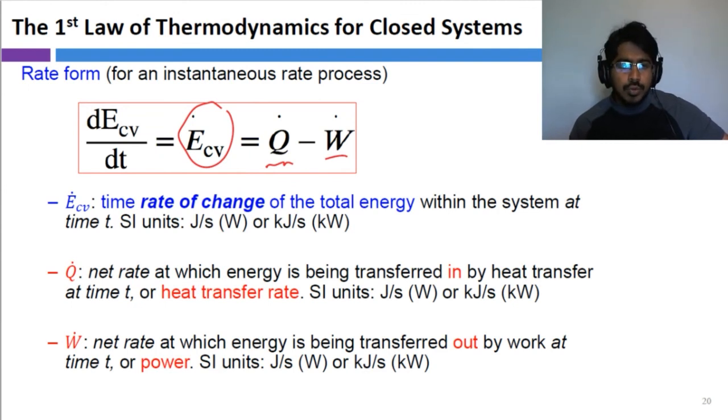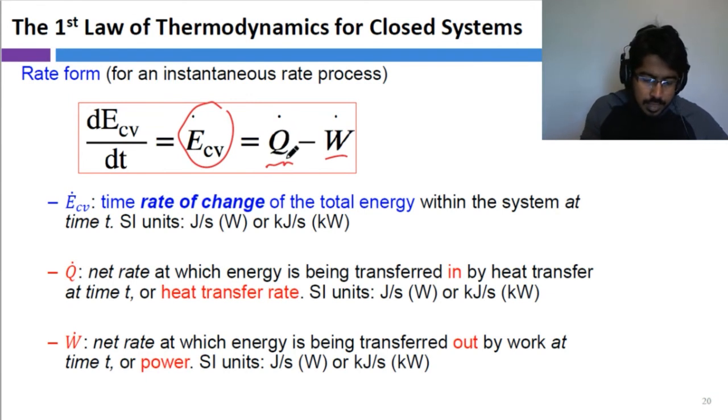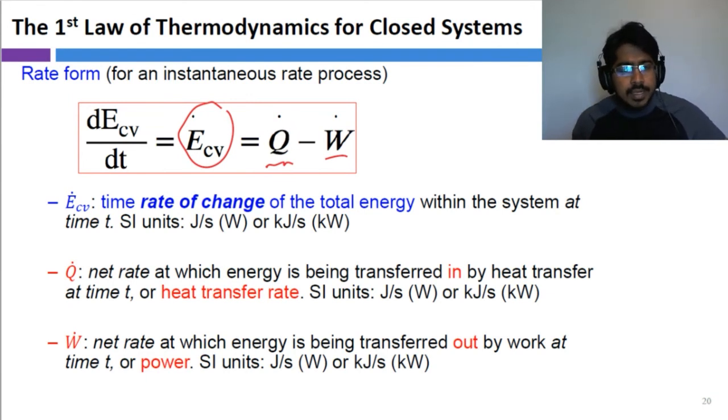So the energy change of the system per unit time is equal to the heat transfer during that time interval minus the work done by the system during that time interval.